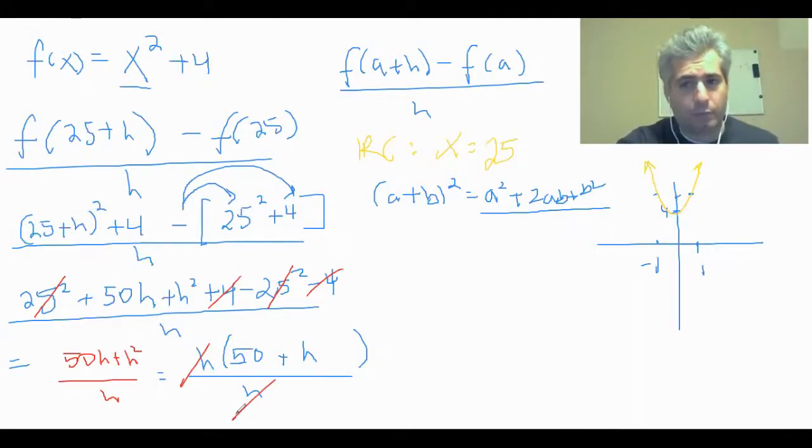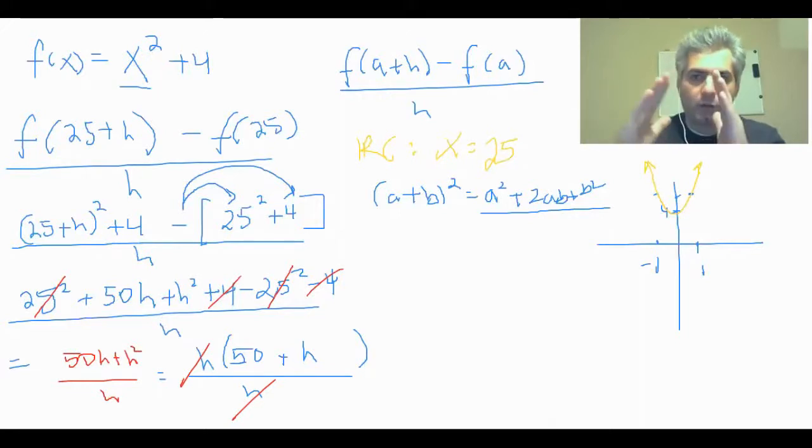Once we reach that point where we don't have the undefined situation of h equals 0 in the denominator, we can go ahead and substitute h equals 0, as what we're trying to do here is close that gap between the point of interest and that arbitrary point x prime, y prime. We get very close to the point of interest. So you end up with 50 plus h.